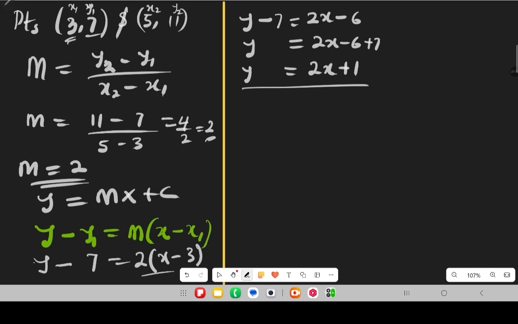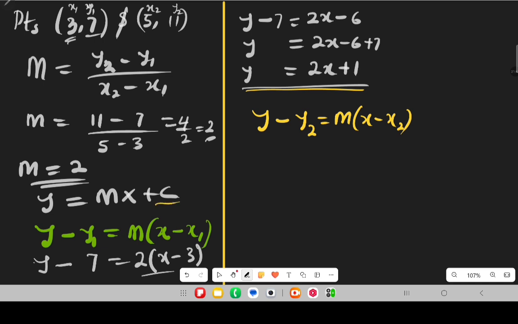Now, if you decide to use the second point using the point slope method, we still write y minus y2 equal to m into x minus x2. Let's see if we still get the same answer. And I told you, using the point slope method, we don't need to solve for c.